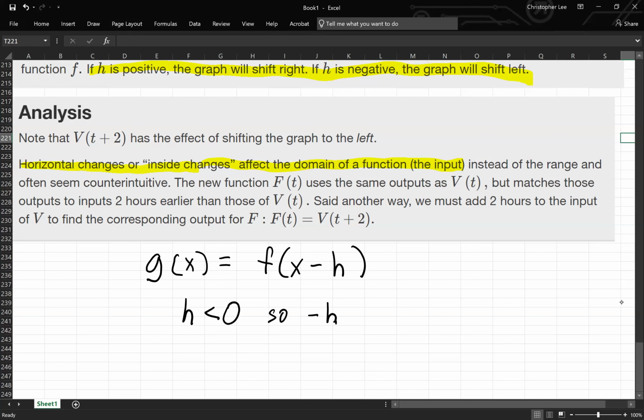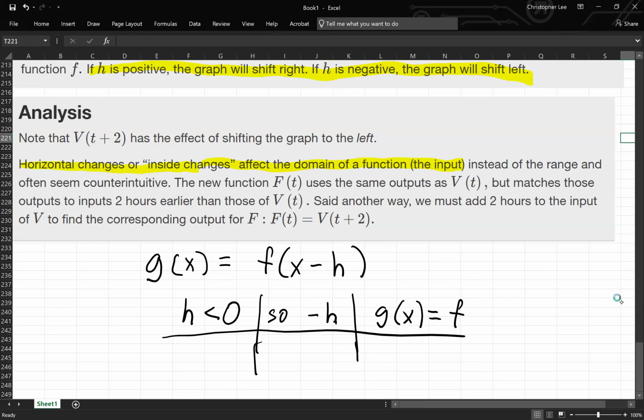What does that mean? That means that for the g of x, I have f of x minus h.